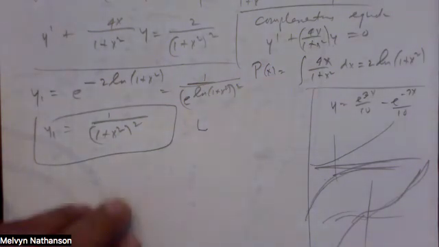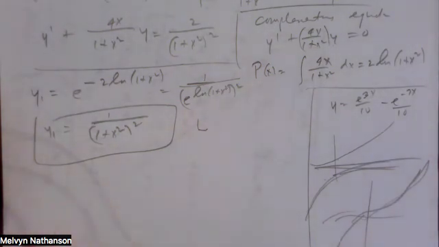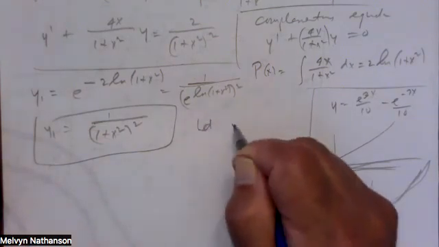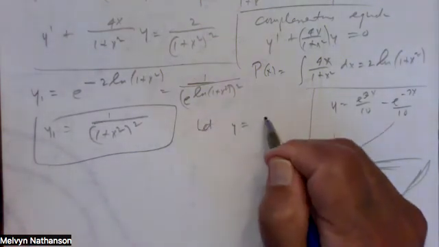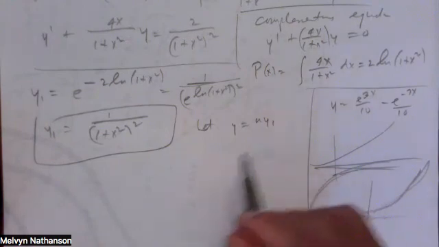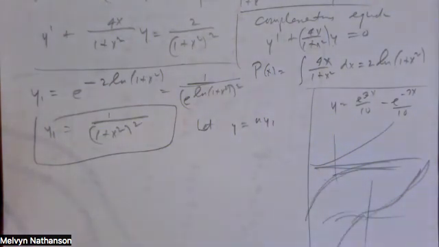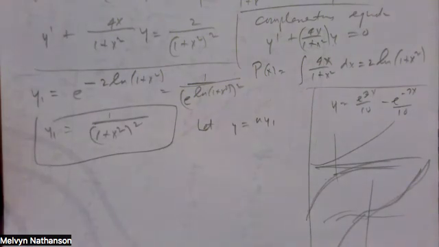Okay, so this is y1, and if we're going to let y be some function u times y1, let's go back and look at what our theorem tells us is the function u. u is the integral of f over y1.